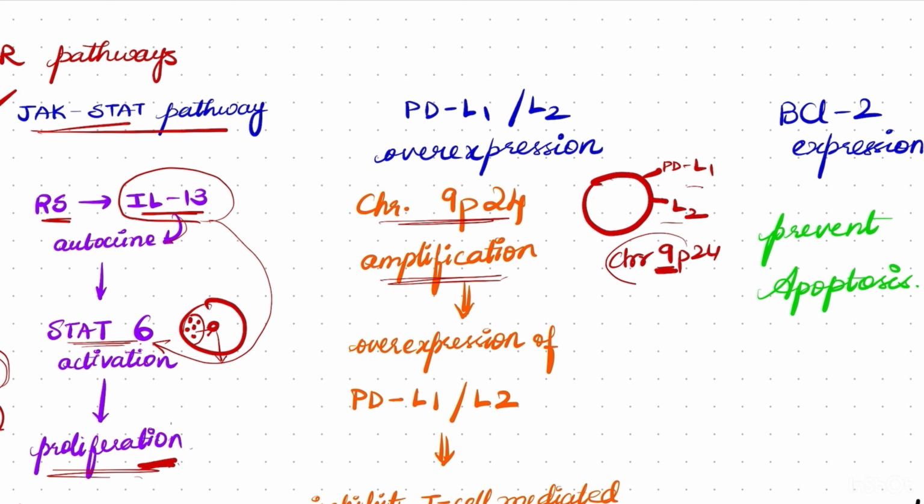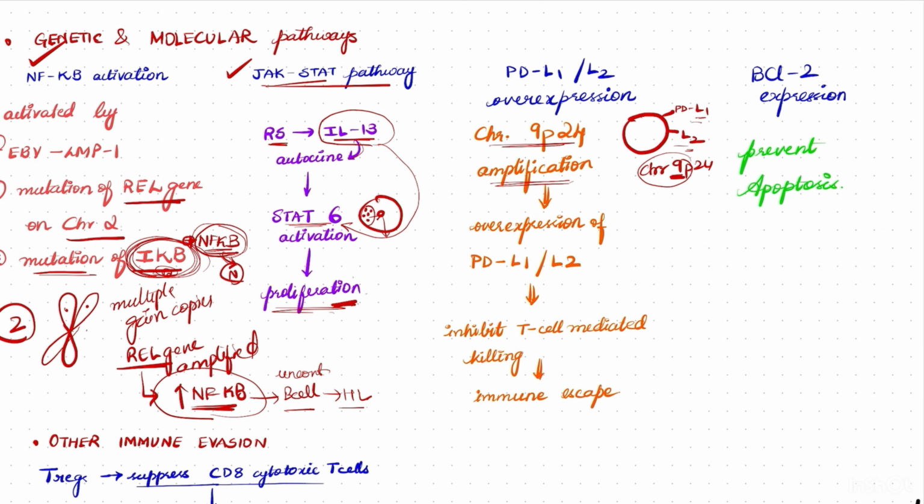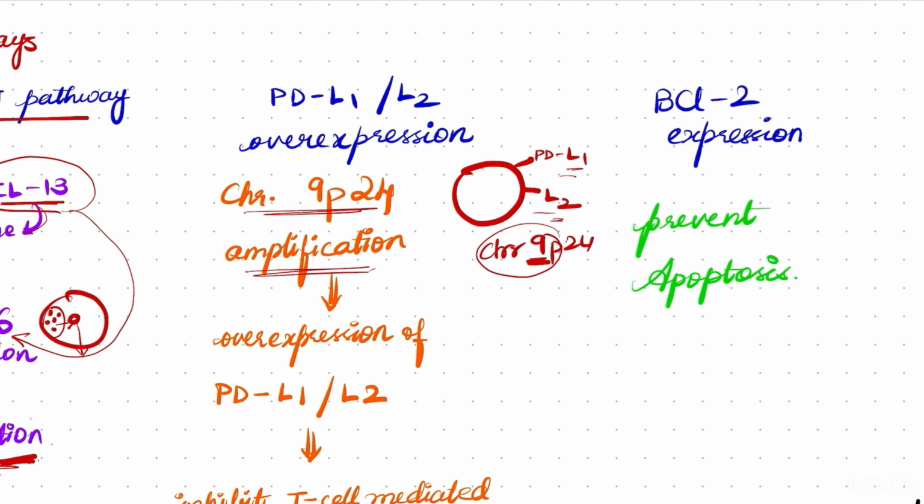Whenever this gene gets amplified, there will be overexpression of PD-L1 and PD-L2. What do they cause? They inhibit the T cell mediated killing. Their role is just to inhibit the T cells so that the RS cell will escape the immune checkpoint. They'll escape the immune scrutiny. That's it.